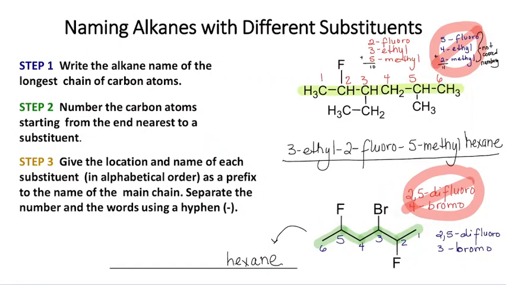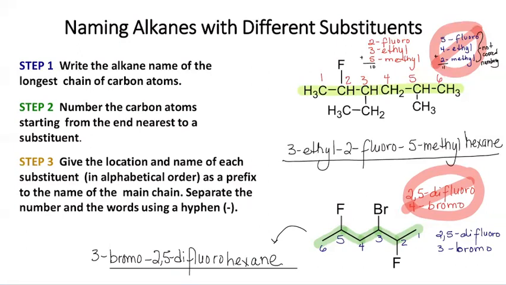Who comes first alphabetically? Bromo or fluoro? The bromo, right? 3-bromo-2,5-difluorohexane.